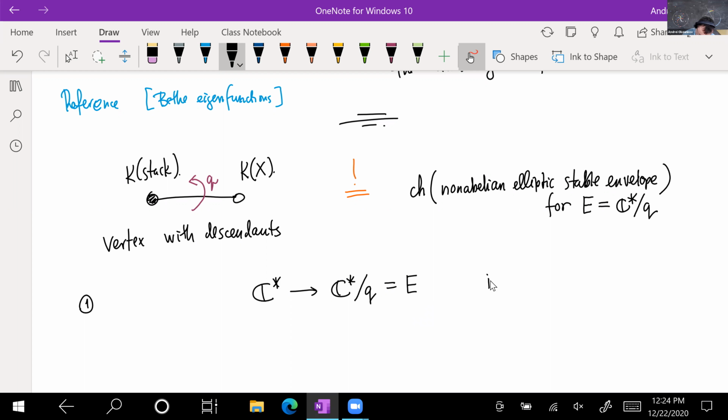So this induces the map from equivariant K theory, which is the theory associated to the curve C star, and then it induces the map from equivariant K theory of any space X, to the spec of that.